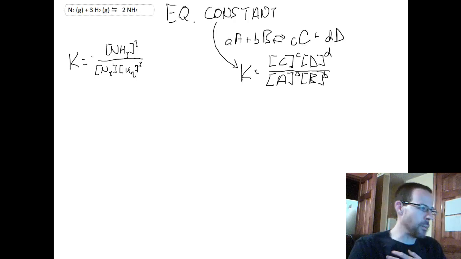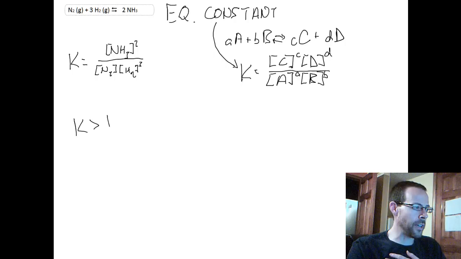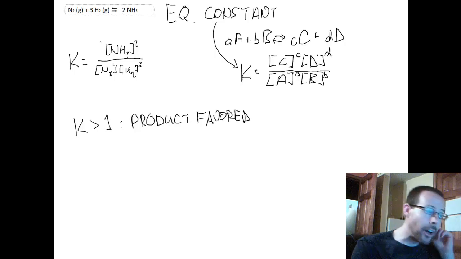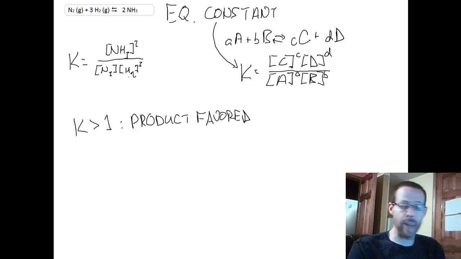A couple things before we do a little bit of math. If K is larger than 1, it means something. You need to know that if K is larger than 1, the reaction is product favored, so it tends to go in the normal direction, from left to right. If you think mathematically, we have products over reactants.